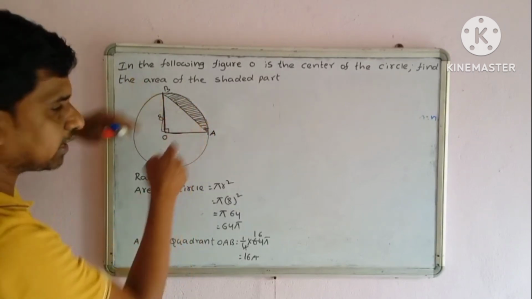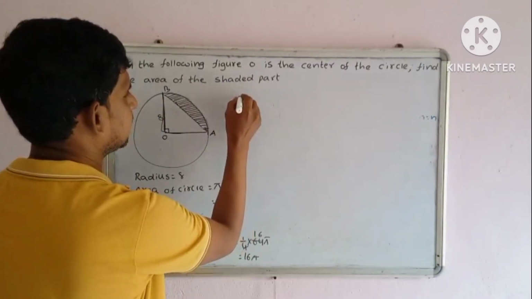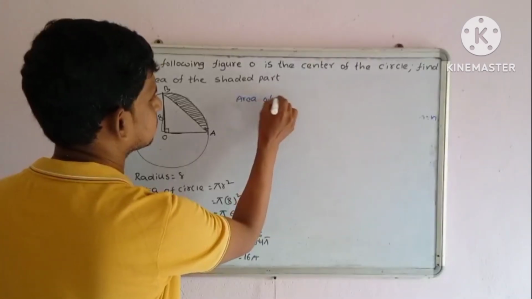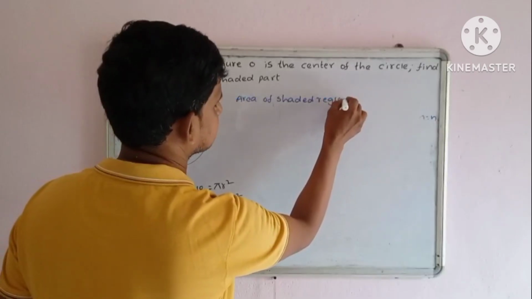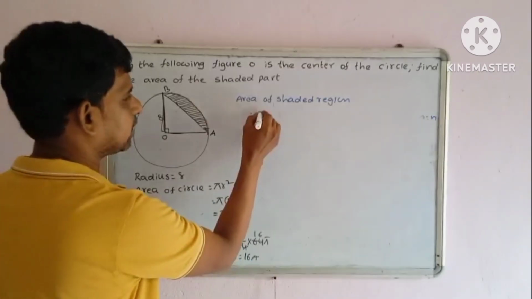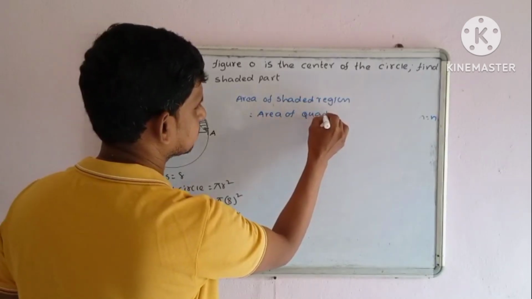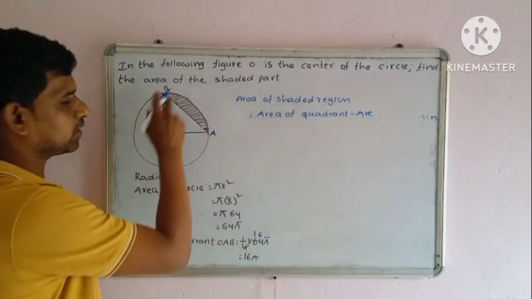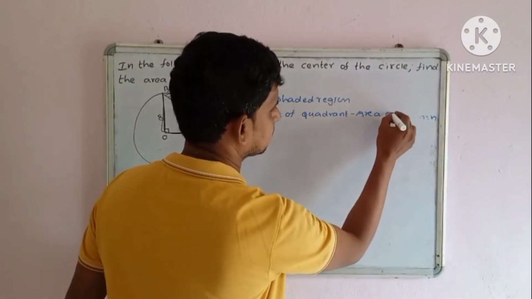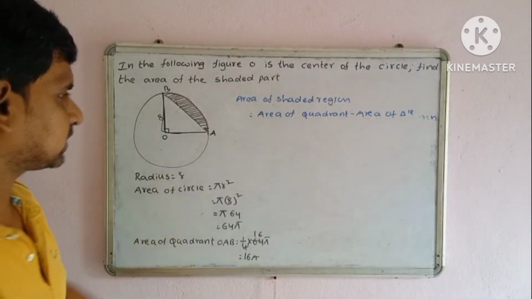So area of shaded region equals area of quadrant minus area of triangle OAB. I got area of the quadrant is 16 pi.